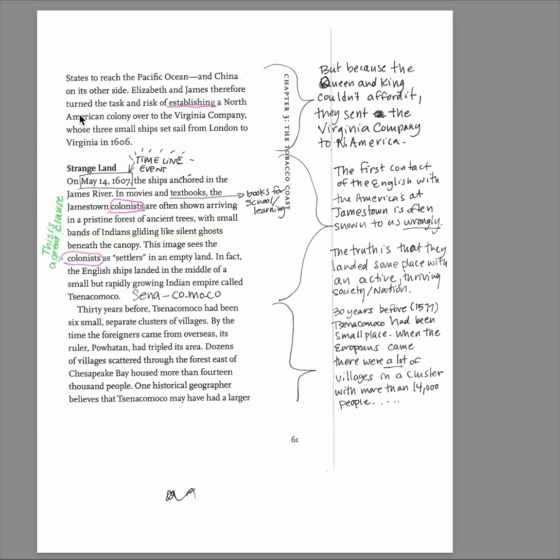Go ahead and pause and read the annotations, please. Elizabeth and James therefore turned the task and risk of establishing a North American colony over to the Virginia Company, whose three small ships set sail from London to Virginia in 1606.